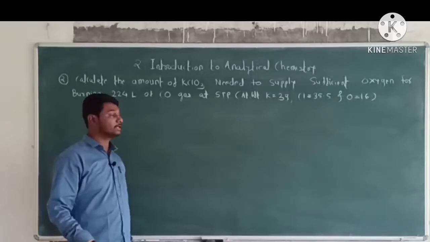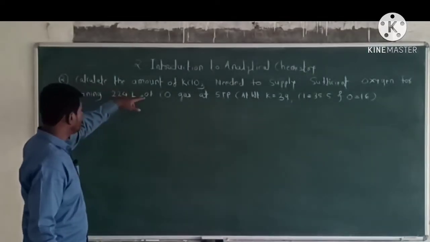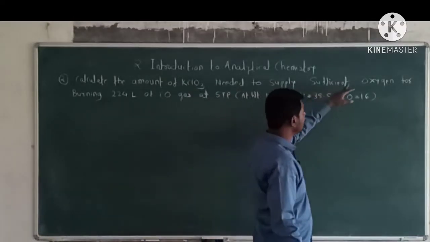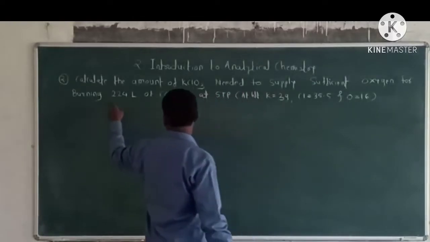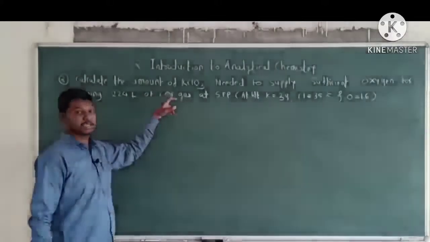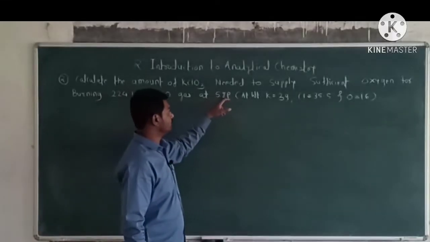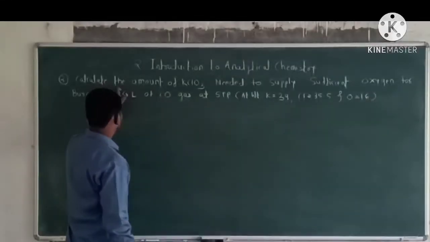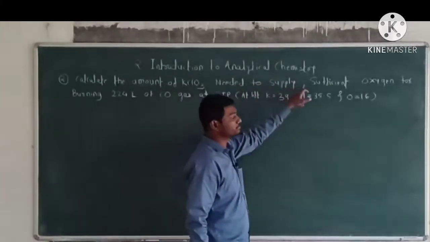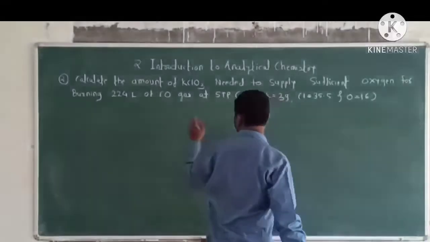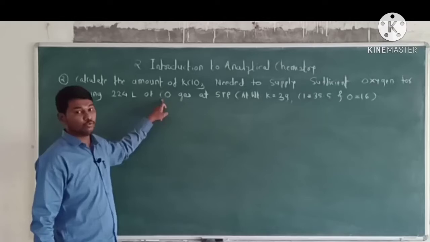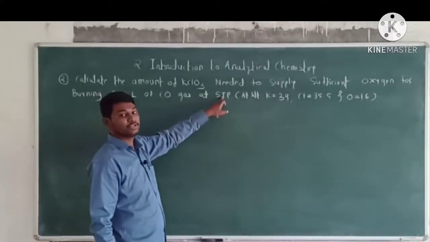Okay, now the second numerical is: calculate the amount of KClO3 needed to supply sufficient oxygen for the burning of 2.4 liters of CO, that is carbon monoxide gas, at standard temperature and pressure.